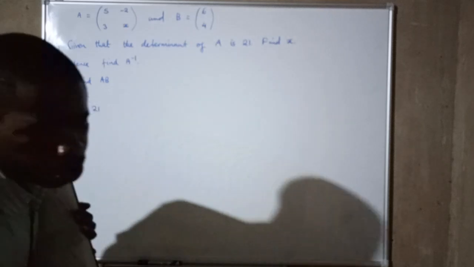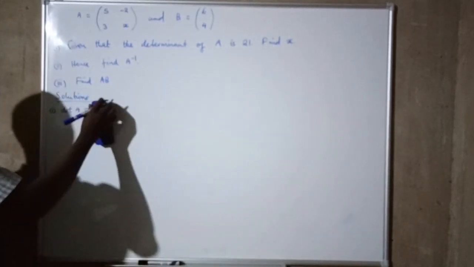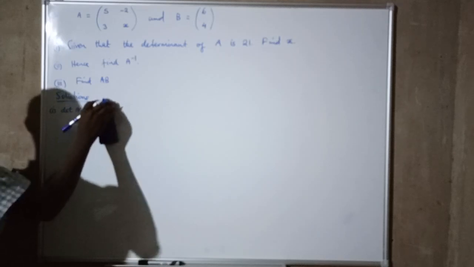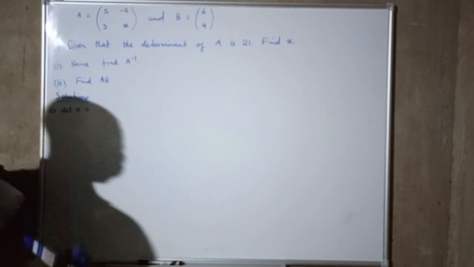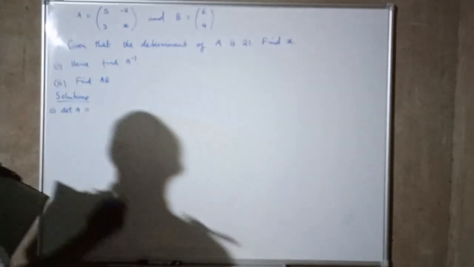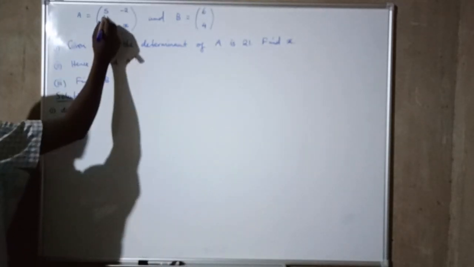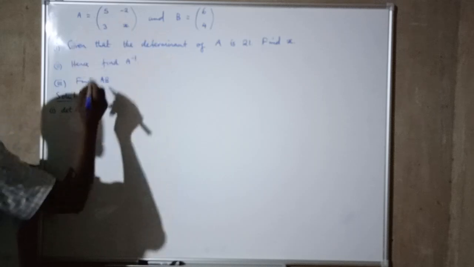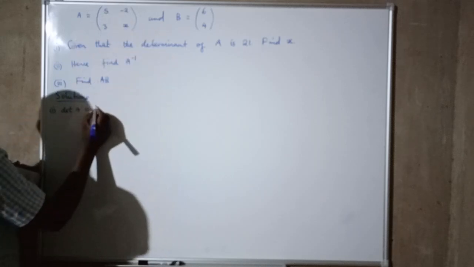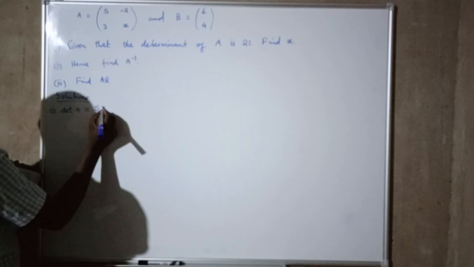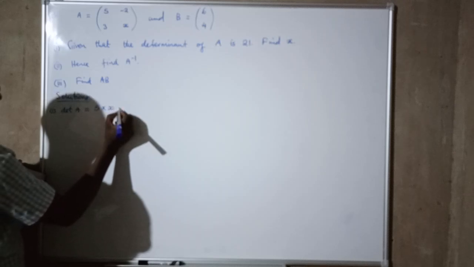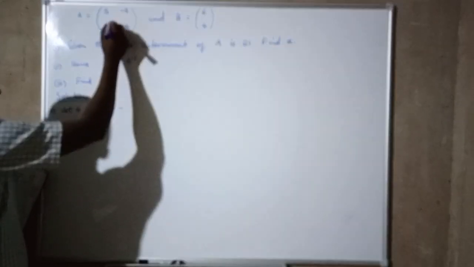Okay, before we do that, maybe I do it in this way so that we don't do a lot of things. So we'll go straight. Determinant of this is this times that, where we say 5 times x minus negative 2, or 3 times negative 2, like that.